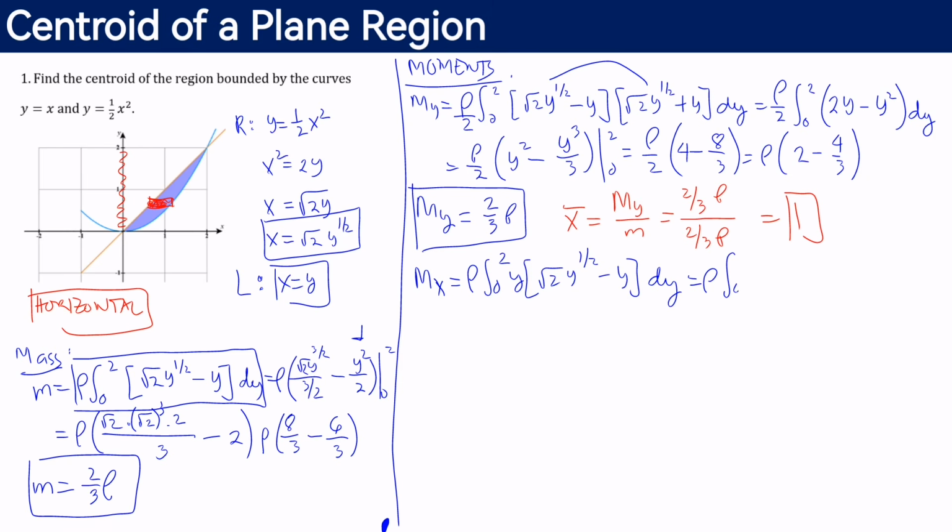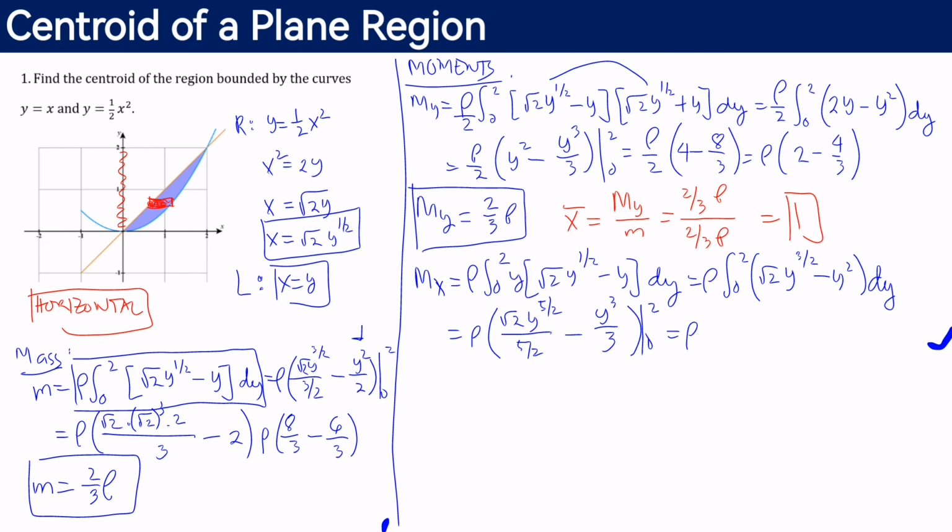So you have rho, integral from 0 to 2. Distribute y, so I have the square root of 2 times y to the 3/2 minus y squared, integrate with respect to y. So the antiderivative is the square root of 2 times y to the 5/2 over 5/2 minus y cubed over 3, evaluated from 0 to 2.